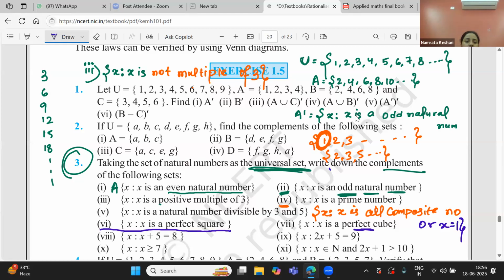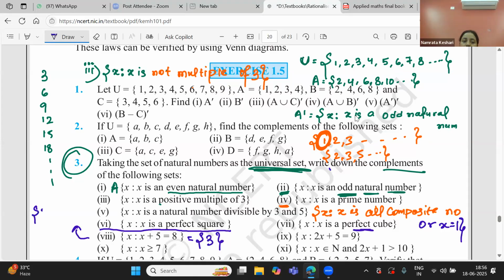Similarly for perfect cube, this x plus 5 is equal to 8. If we solve it, this set will contain the x value which satisfies this equation. Solving, x equals 8 minus 5, which is 3. So your set will contain only 3. So how to define the complement? From the universal set, we are going to remove this 3.